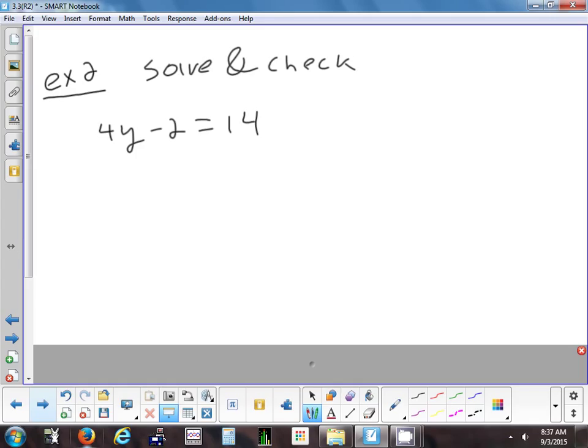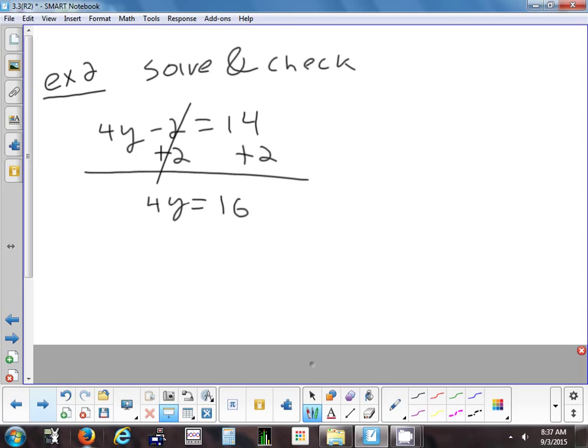What's the opposite of -2? You're going to do a +2 and a +2. Good job. Okay. When you do -2 + 2, we've done that a lot. You get 0, cancels out. On the left-hand side, what do I have here? Good. On the right-hand side? 16. All right, that's step 2. We're done adding and subtracting in this problem.